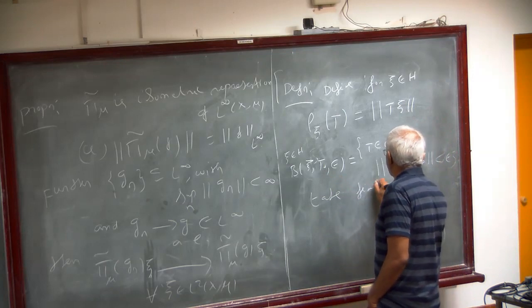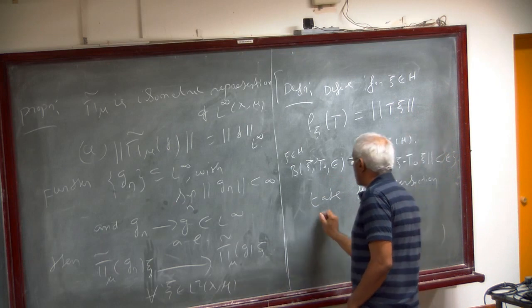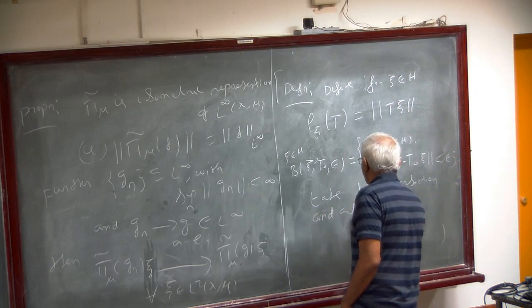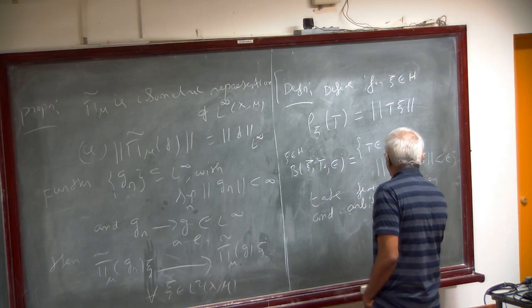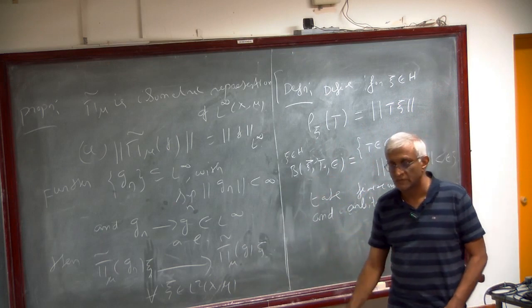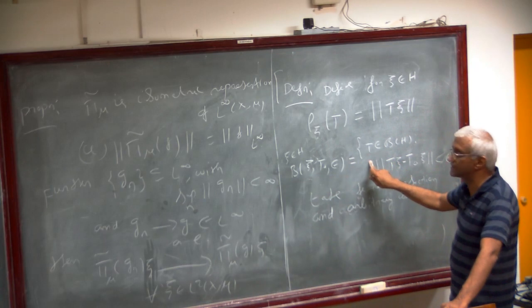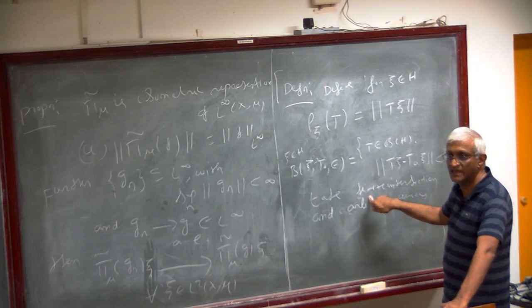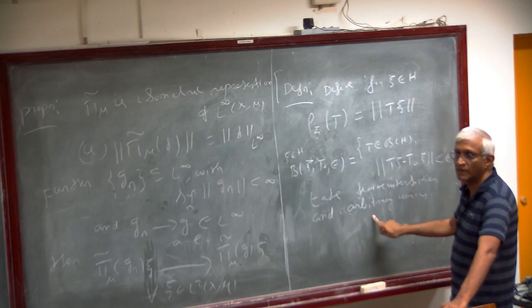But anyway, take finite intersections and arbitrary unions. That gives a topology. So this is the base. You take finitely many such sets, and their intersections will be the base for the topology.